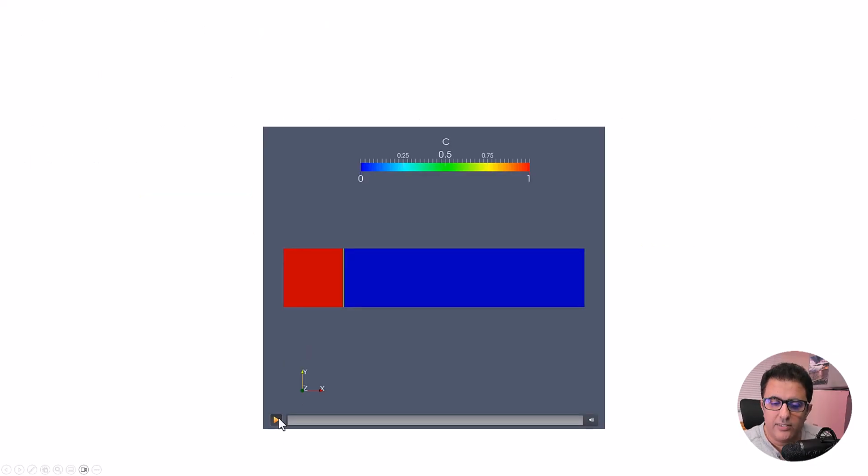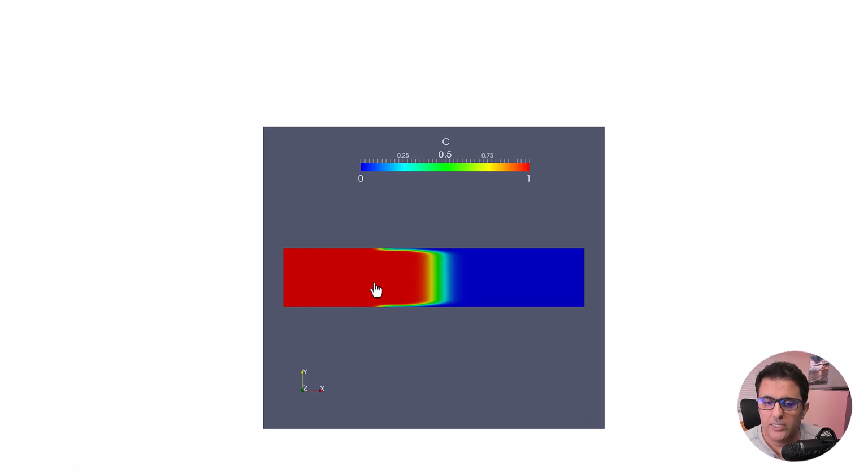In such a scenario, as you see here, the fluid A 100% displaces fluid B, and you see that the boundary between these two fluids is stable. You see almost a linear front, and you see no specific phenomenon here. We call this one a stable displacement.